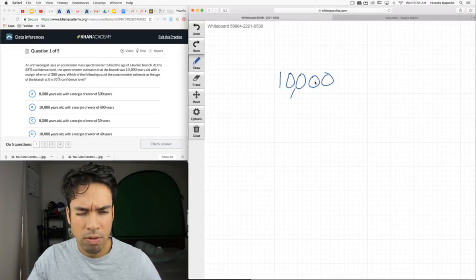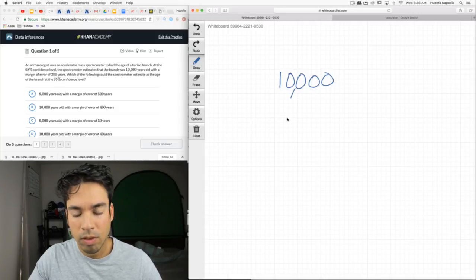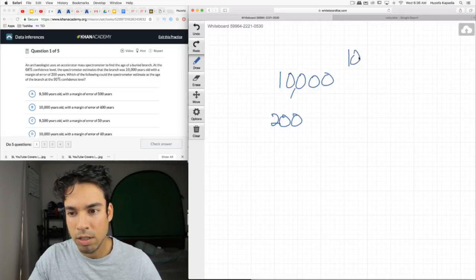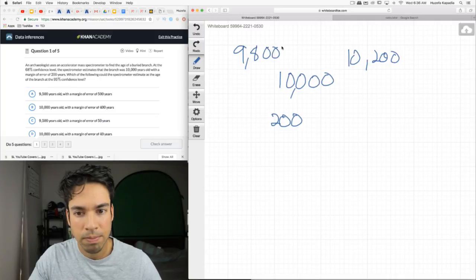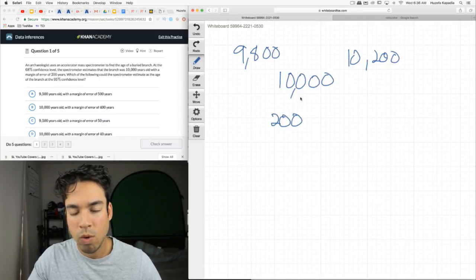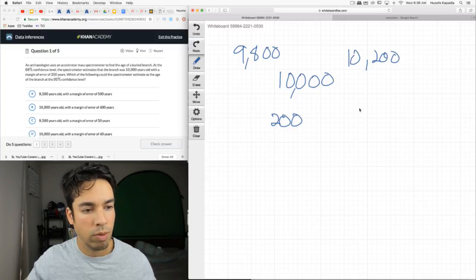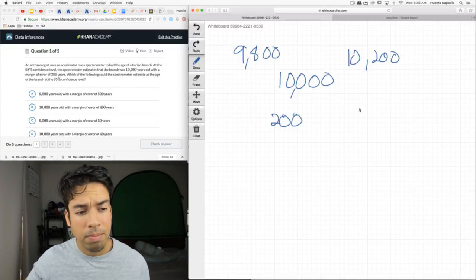But if I remember correctly, there's a rule in terms of standard deviation. So right now, if we have a 200 standard deviation, this can go from 10,200 to 9,800, right? One standard deviation away, we capture 68%, something like that.